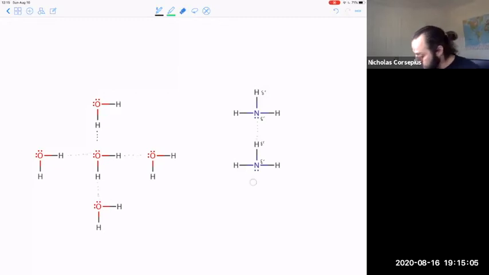With ammonia, it does not have that same ability. It can only connect with 2, right? Because although it has 3 donors, it only has 1 acceptor, so it can at most coordinate with 2 different molecules.